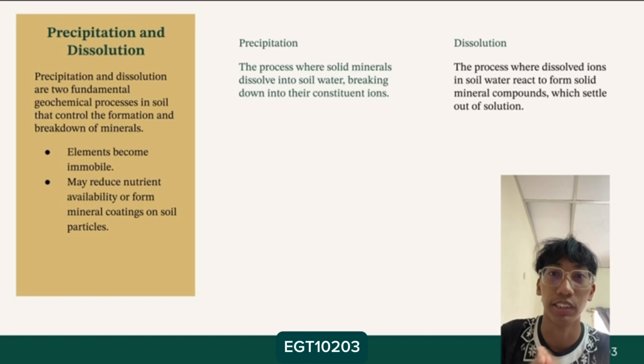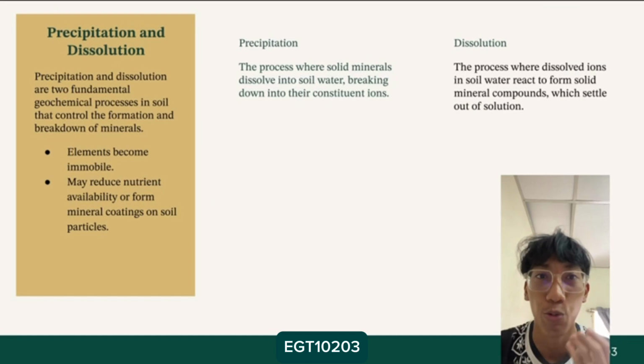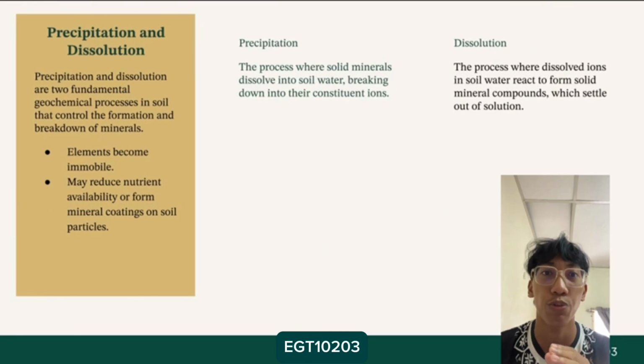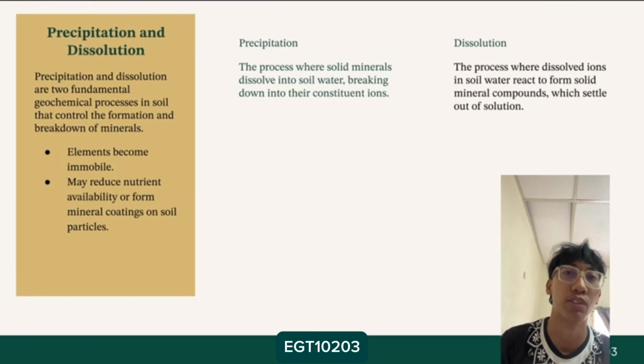Precipitation is the process where dissolved ions in soil water react to form solid mineral compounds which settle out of a solution.